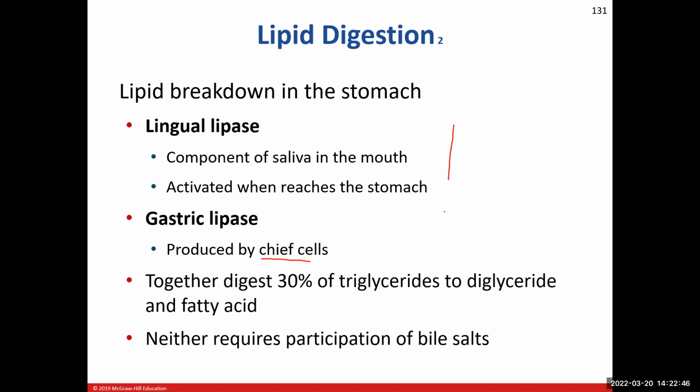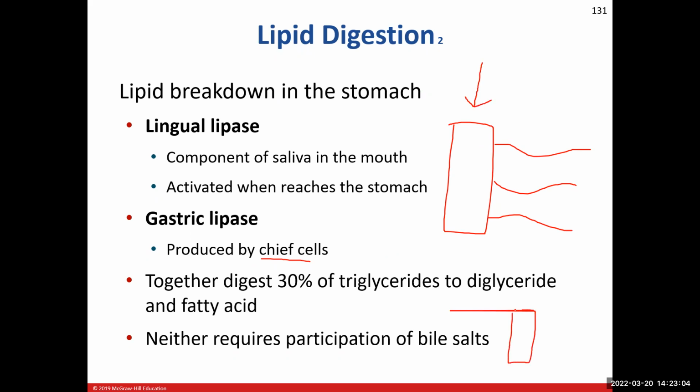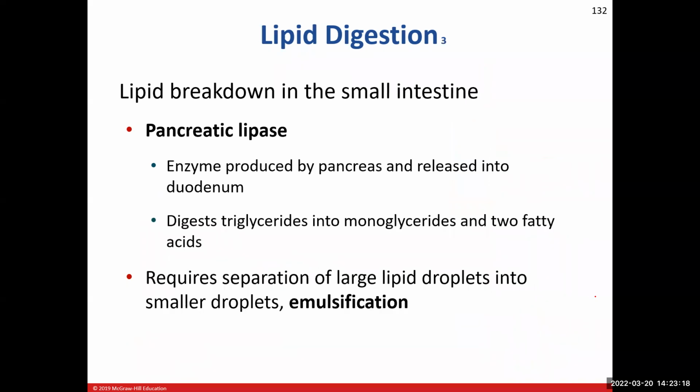So basically, and this is going to be somewhat of a limited picture, here's one fatty acid, here's a second fatty acid, here's a third fatty acid. That's our triglyceride molecule. This is the glycerol backbone here. So what will happen is the gastric lipase is going to cleave off one of the fatty acids. So you'll have a free fatty acid chain just hanging out by itself. And so that's what we're going to see here in our stomach.